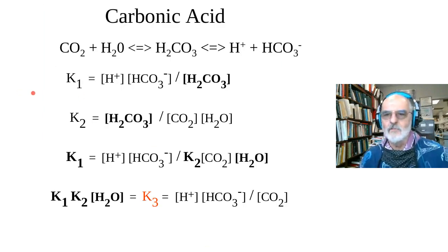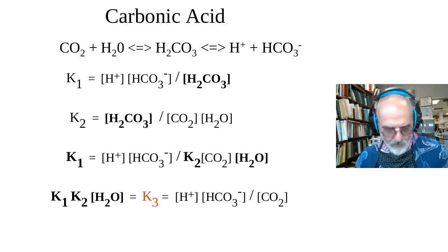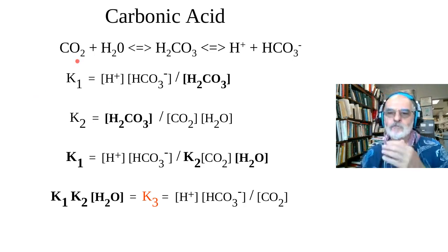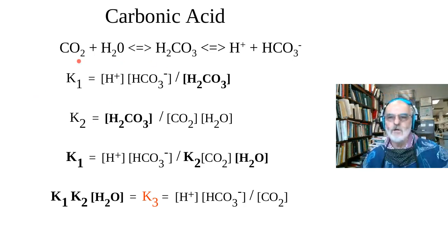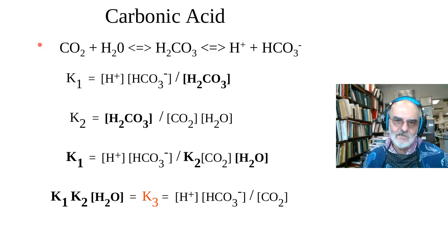Okay, so here's that overall reaction. It's CO2 plus water. So CO2 is a gas. It goes into water and is immediately hydrated to make carbonic acid, which then loses a proton and makes bicarb.